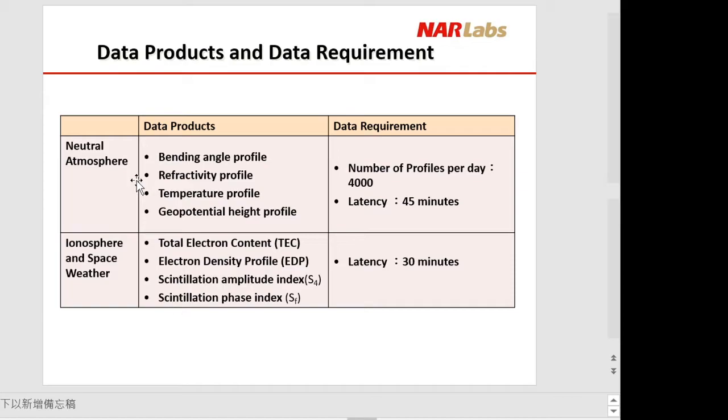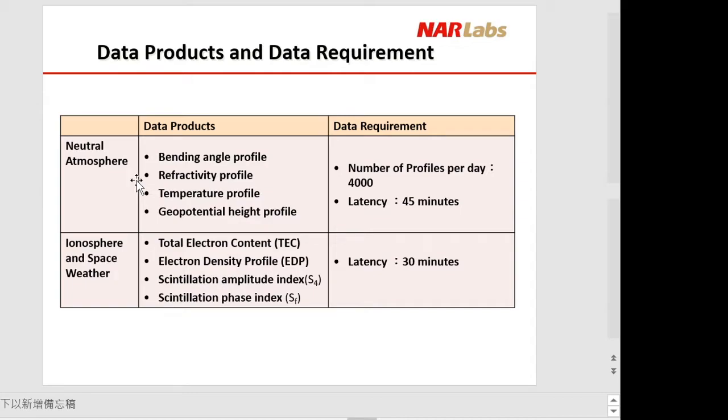The requirement for data latency is 45 minutes for atmosphere. Let me take time to explain what data latency is, because if we want to make weather predictions, the weather center needs the data very quickly.